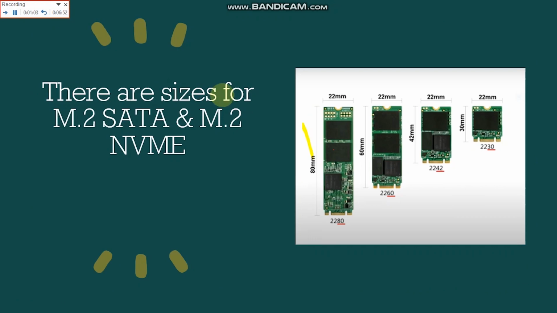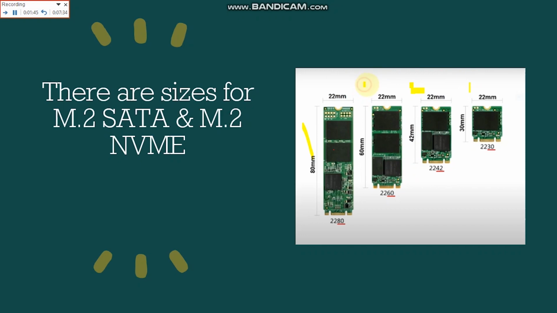There are sizes for M.2 SATA and M.2 NVMe. First one is 30 mm in length and 22 mm in width. And second one is 42 mm in length and 22 mm in width. Width is the same for all M.2 SSDs.